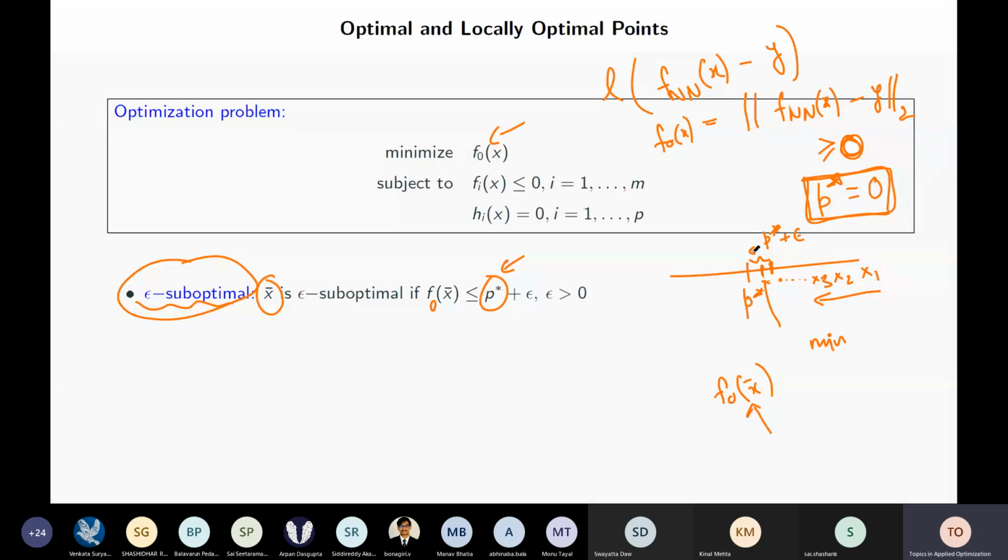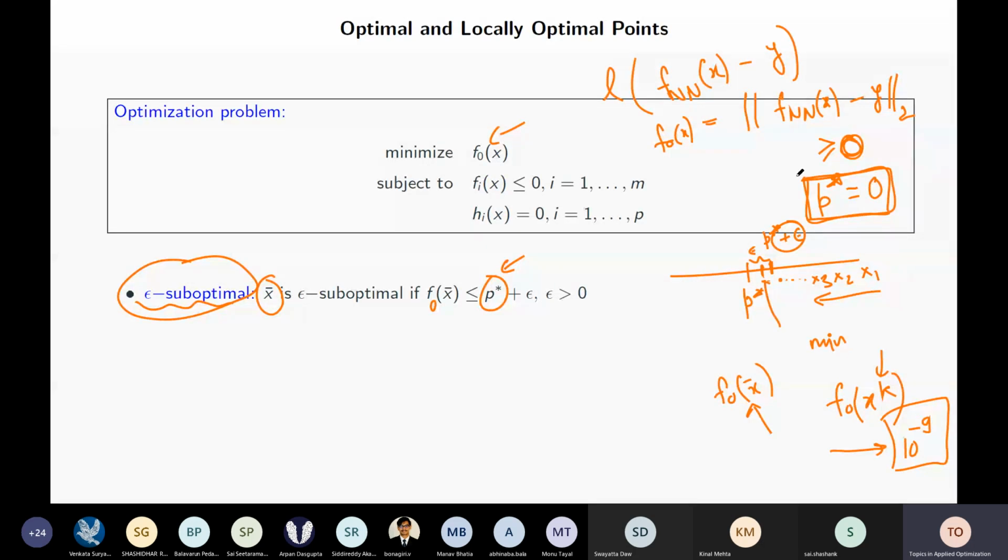So in that case, if your f naught of xk, where xk is produced by the gradient descent, is reading close to 0, then you are happy. Let us say your loss became 10 to the -9. Then more or less you are 10 to the -9 suboptimal.